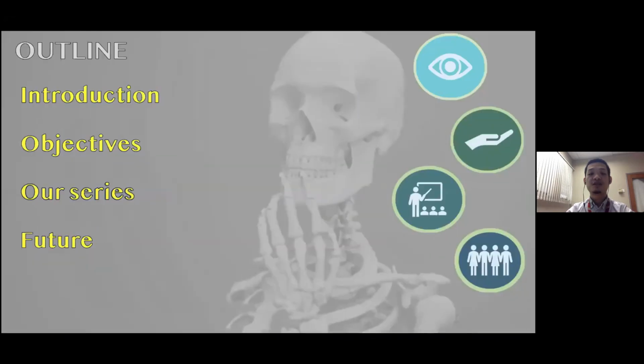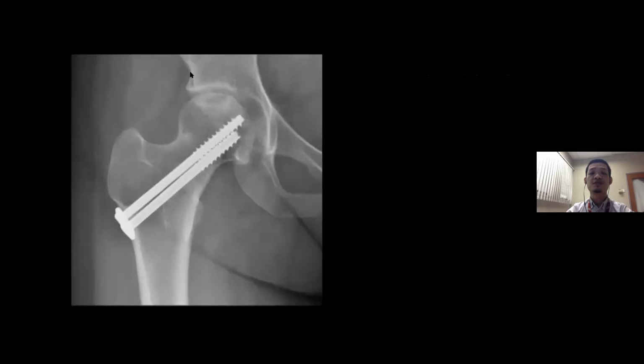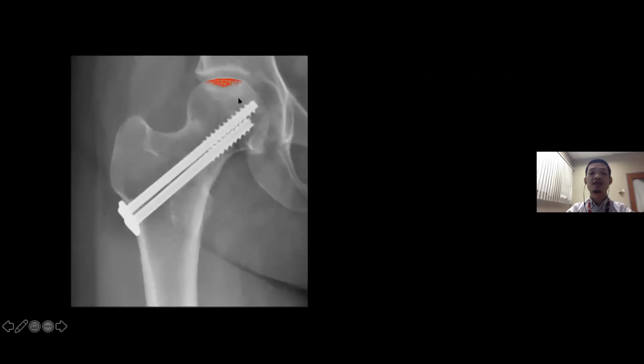I think we can start discussing our series. This is a patient who is about 35 years old. She had an accident about 10 years ago, and she was referred to us with this. As you can see on the top of the femoral head, there is an area of sclerosis, and inside there's a lucency, which means that probably there is some sort of AVN happening.